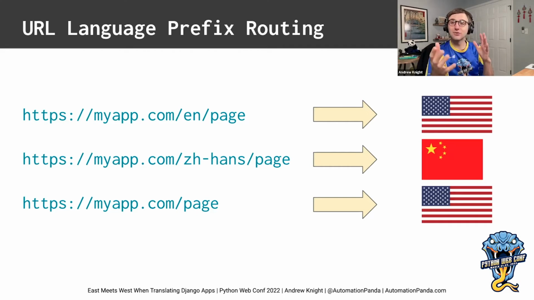That way it's really convenient because you can separately bookmark things for different pages, or if somebody wants to easily switch, you can link one to the other. That's really good. Also, if we do not provide a URL prefix, then it should fall back on our default language, or any one of those other criteria that we saw for how locale middleware figures out what language to use. So in this case, if I did not provide a language prefix, I would want that to default to US English.